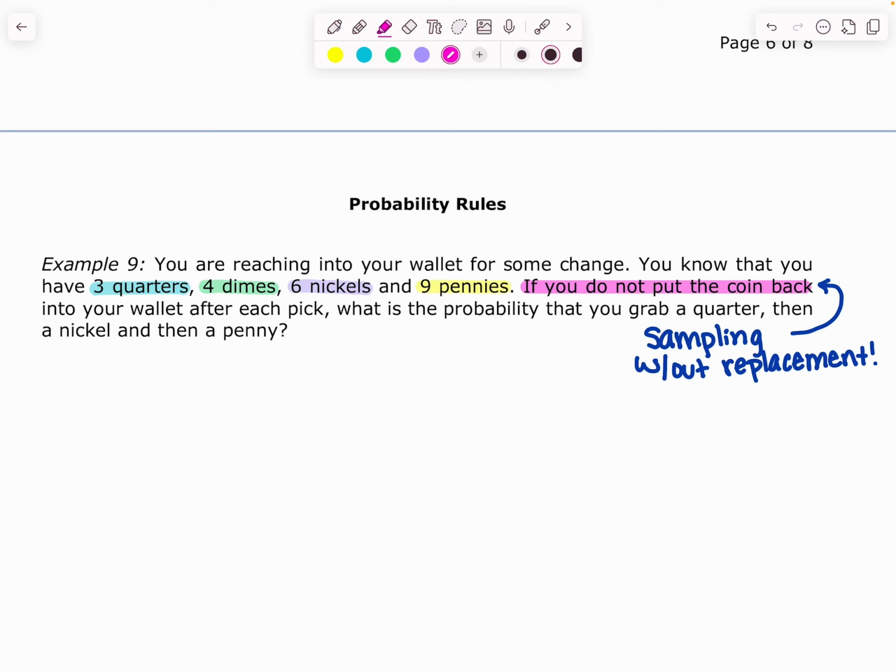So I want the probability that I grab a quarter followed by a nickel and then finally a penny. So probability of a quarter and a nickel and a penny.